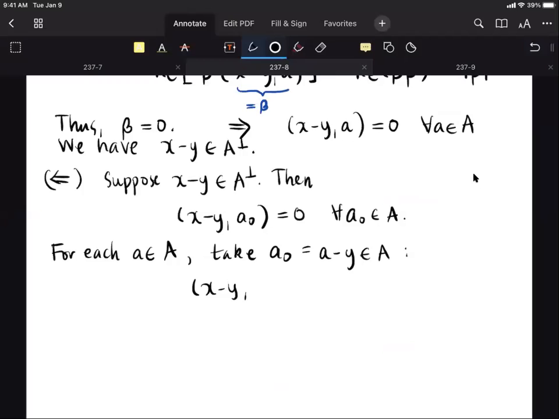So the inner product of x minus y and a minus y is equal to 0.